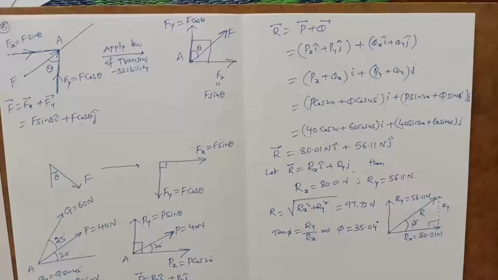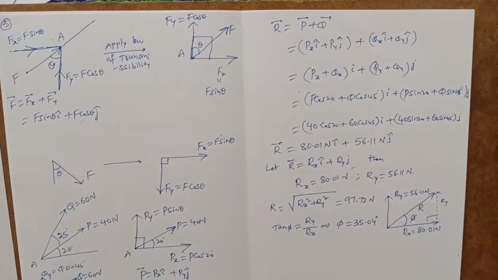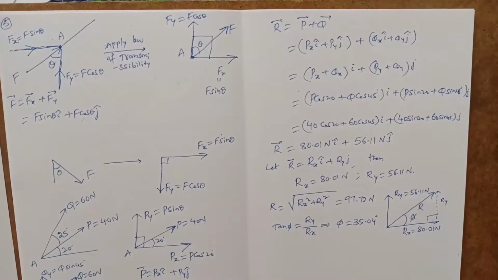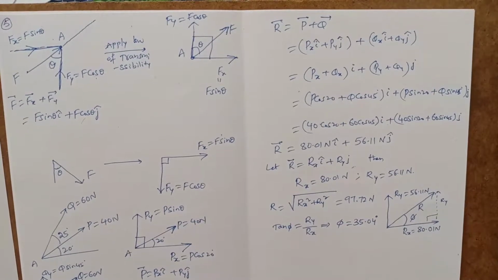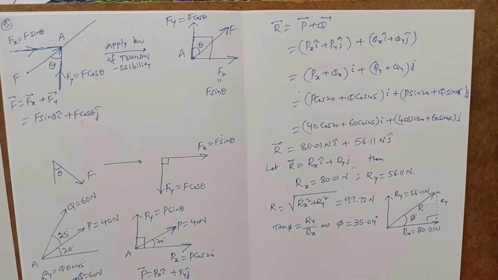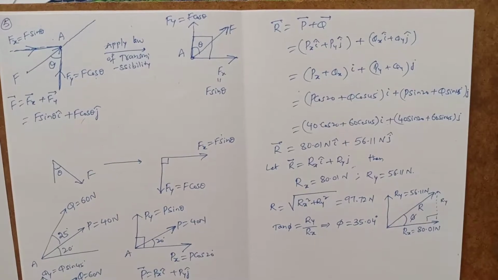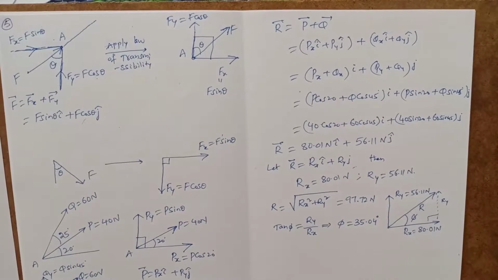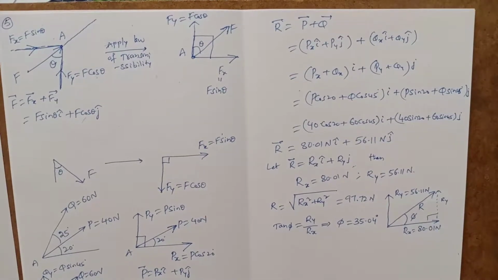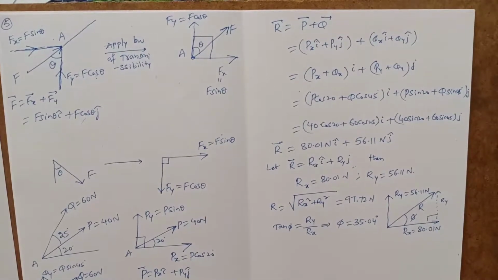Substituting Ry equal to 56.11 and Rx equal to 80.01, we get phi, the angle made by the resultant force with the horizontal, as 35.04 degrees, almost the same as the previous cases. So this is how we find the resultant of two forces using the method of resolution.